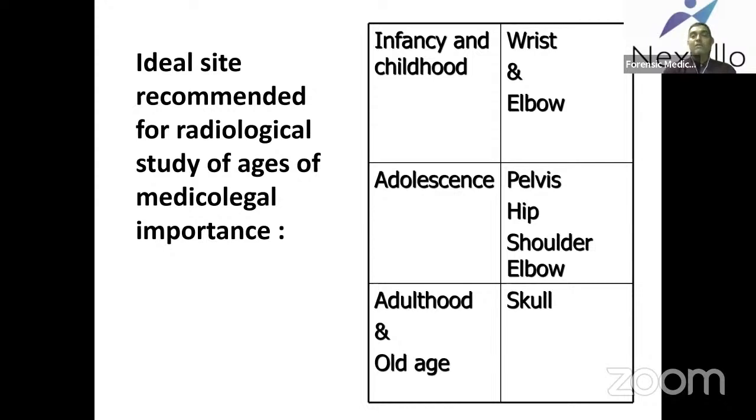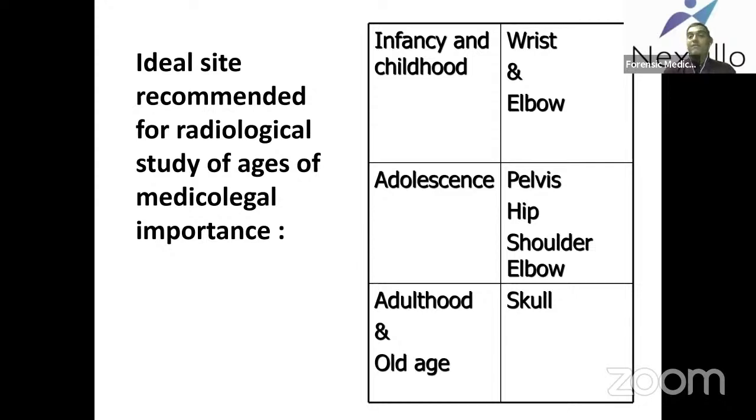Suppose we have cases from forensic experts like infancy and childhood, like battered baby syndrome. Some child may be neglected by the parents and thrown away to the roadside. We may sometimes find a dead-born fetus also. So at that time, we are required to confirm the identification, like the age estimation; the wrist and elbow joint is a must.